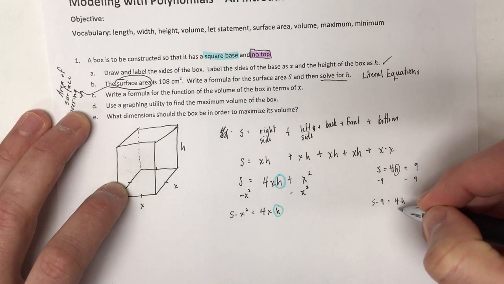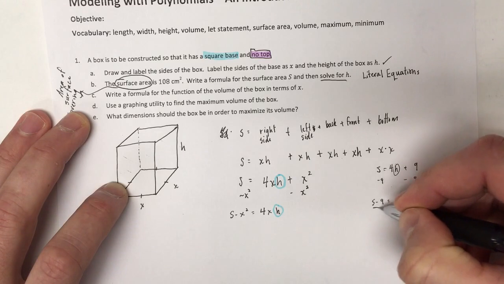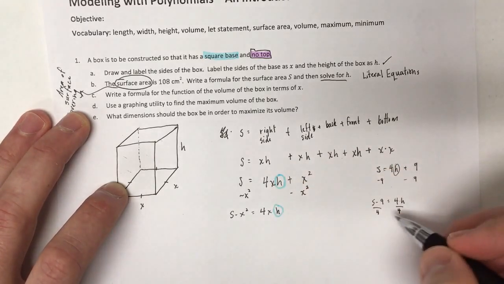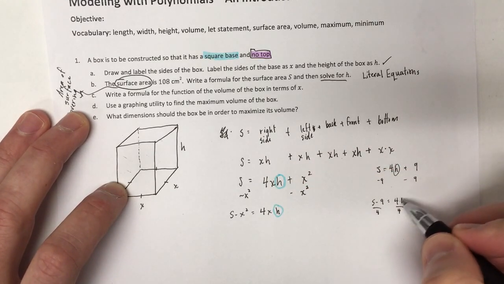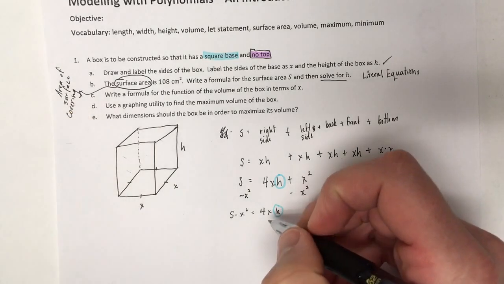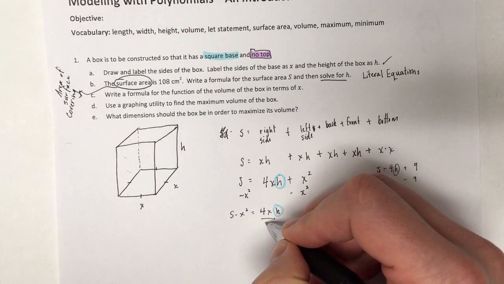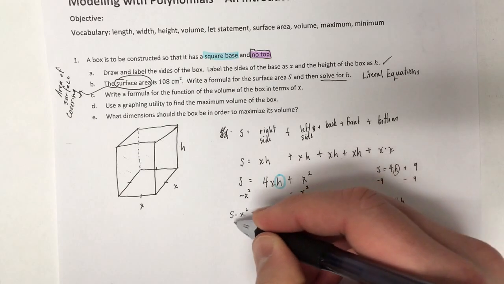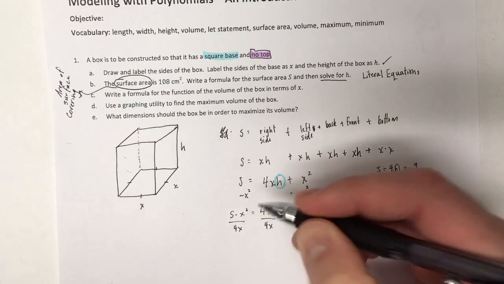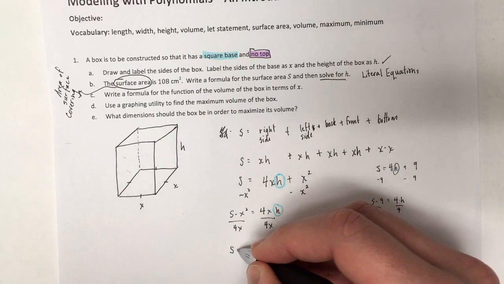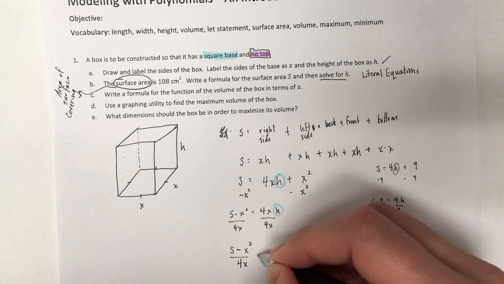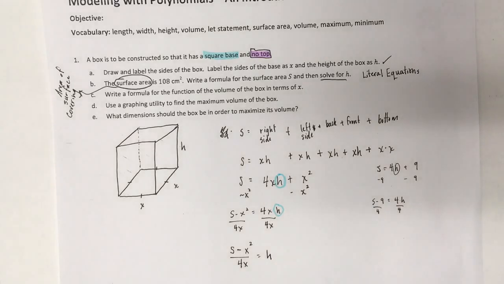Well, now I have multiplication, so how do I undo multiplication? With division. And I have to divide everything on one side by 4 and everything on the other side. Well, it looks very similar over here, but I'm going to divide by the 4 and the x because that's what I'm multiplying by. And so s minus x squared divided by 4x equals my h.